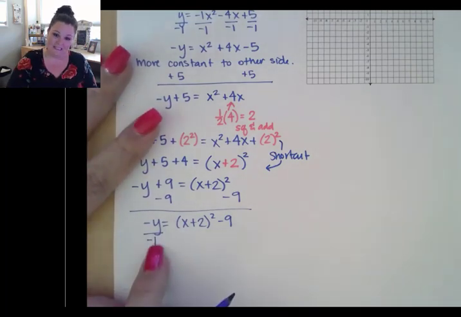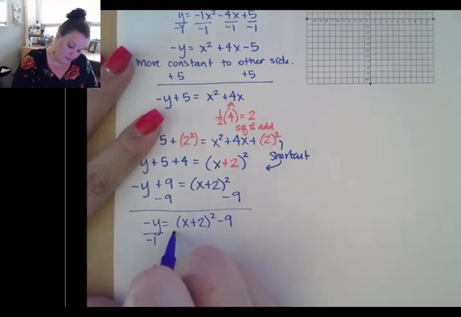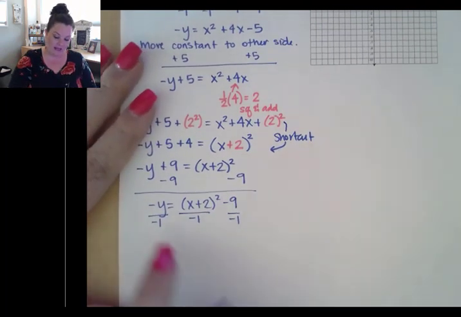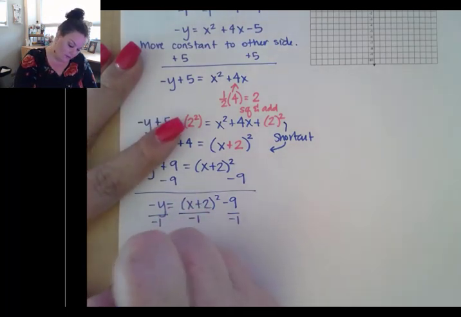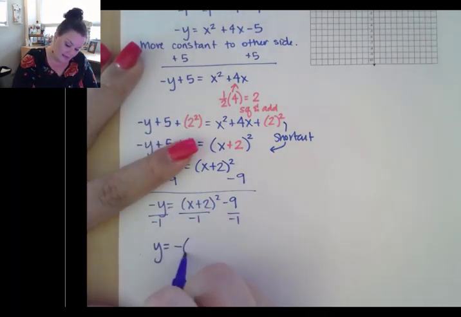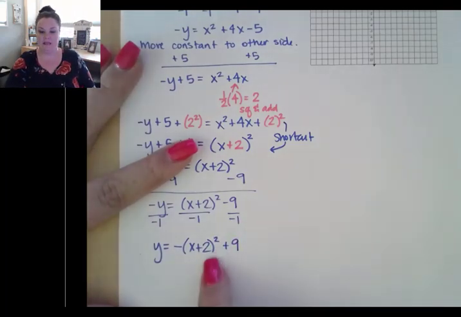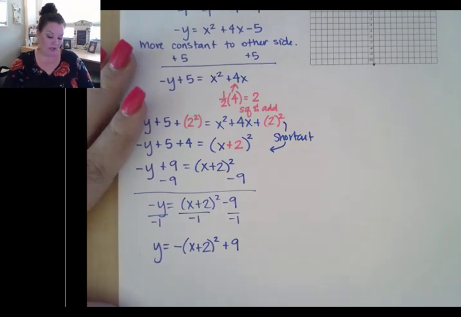But if I do it on this side, I got to do it to every term over here, right? So now that I have a positive y and I have a negative in front of my squared quantity, and then a negative divided by a negative makes this a positive constant term out here.